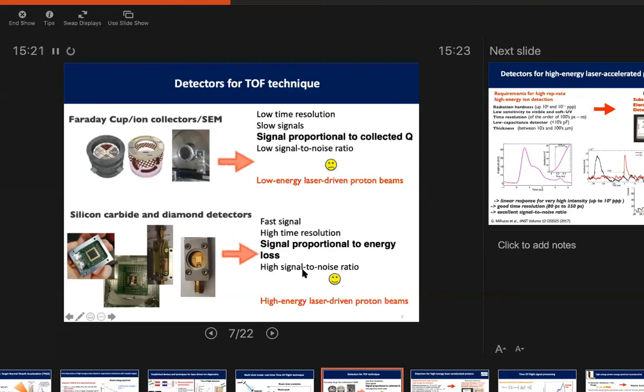This means we have a very high signal-to-noise ratio, and good performance also in environments with extremely high electromagnetic noise. These are the ones currently used for the detection of high energy laser-driven proton beams. When I say high energy, I mean energy higher than 10 MeV, of course.